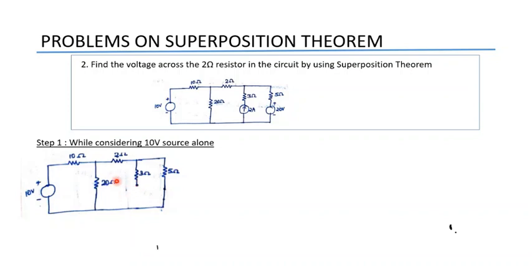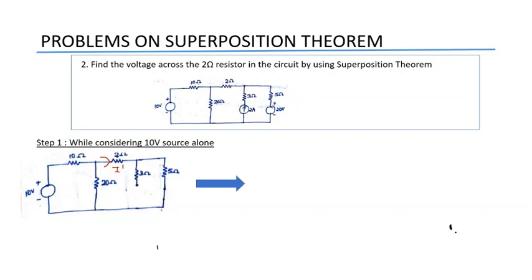Now we have to find out the current through this 2 ohm resistor, which will be I dash. So I am marking the current through the 2 ohm resistor as I dash. Now our aim is to find out I dash.